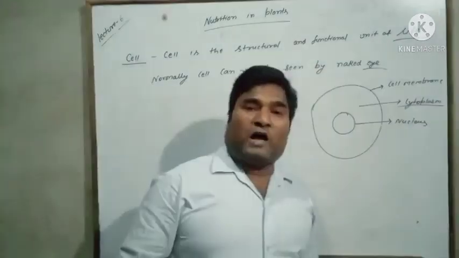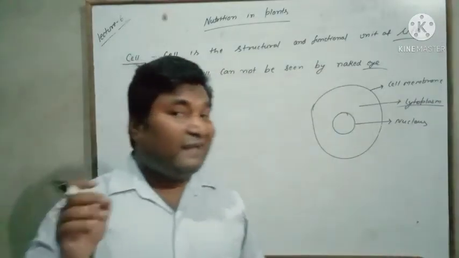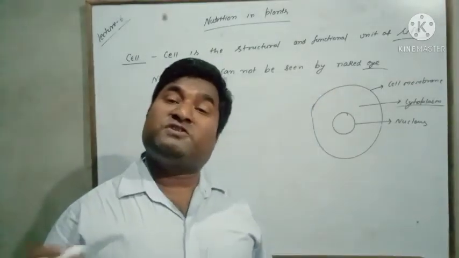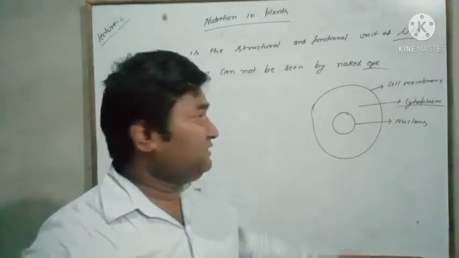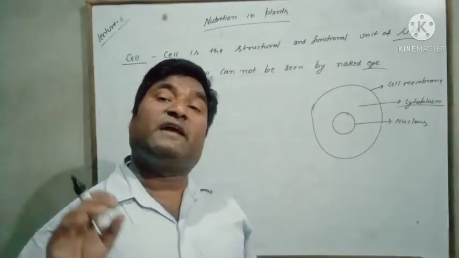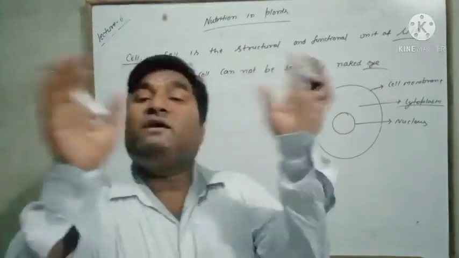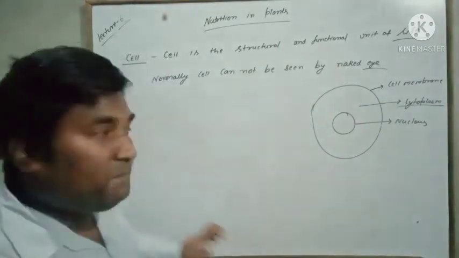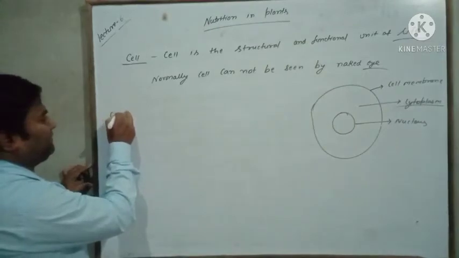सेल मेम्ब्रेन द आउटर मोस्ट डेलिकेट, ये बहुत ही नाजुक होता है, आउटर मोस्ट डेलिकेट लिविंग, ये जिंदा होता है, आउटर मोस्ट डेलिकेट एंड लिविंग बाउंड्री ऑफ द सेल is called cell membrane. So what is cell membrane?